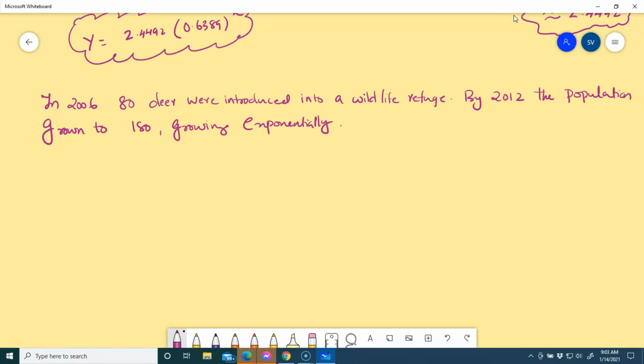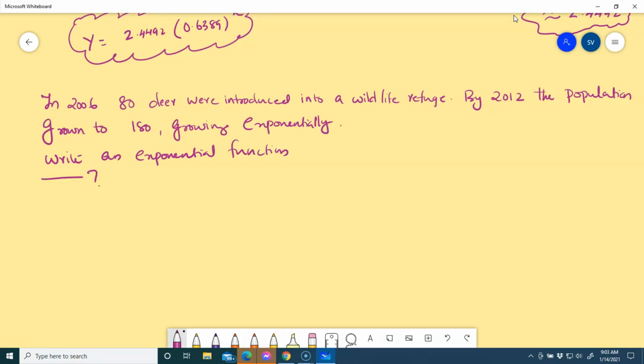Our objective is to write an exponential function that represents the population of deer over time t.